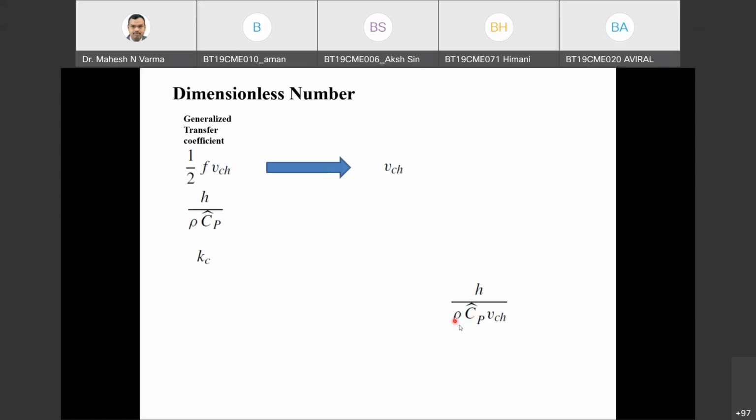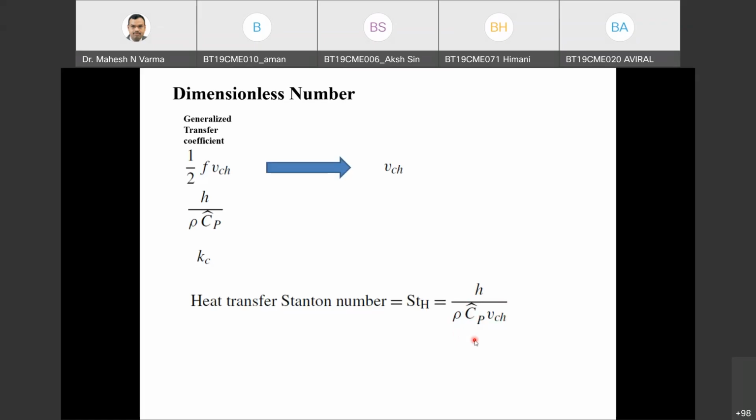No, this entire thing. Now it is dimensionless. So what is this dimensionless number called? This is the Stanton number for heat transfer.